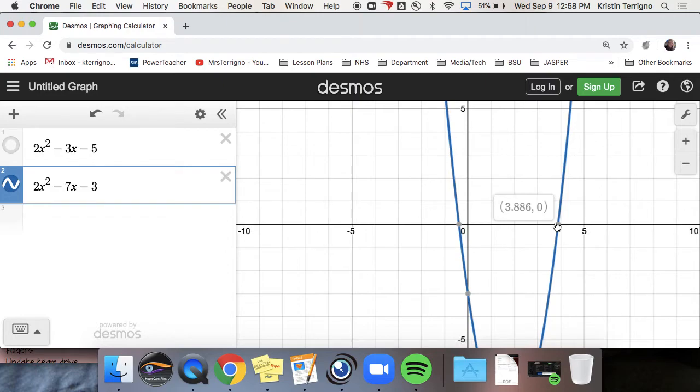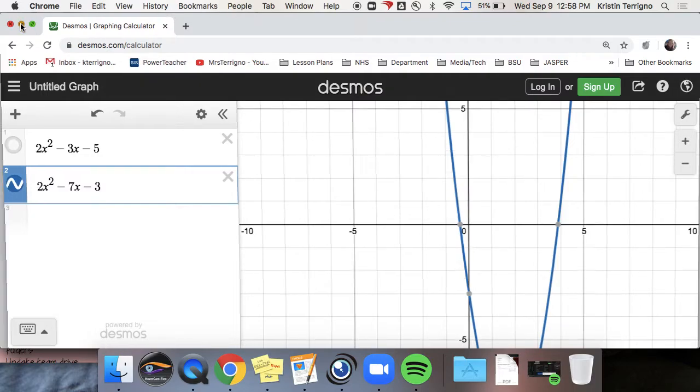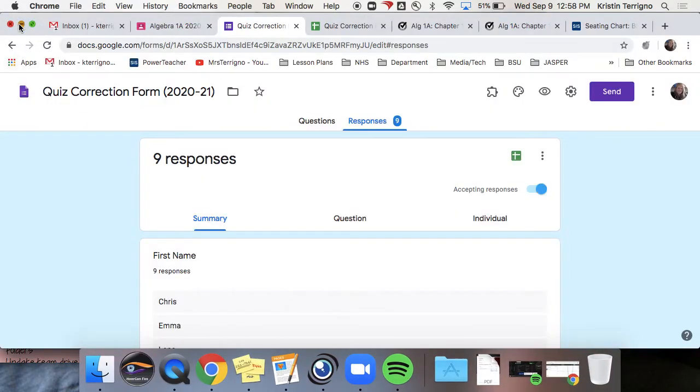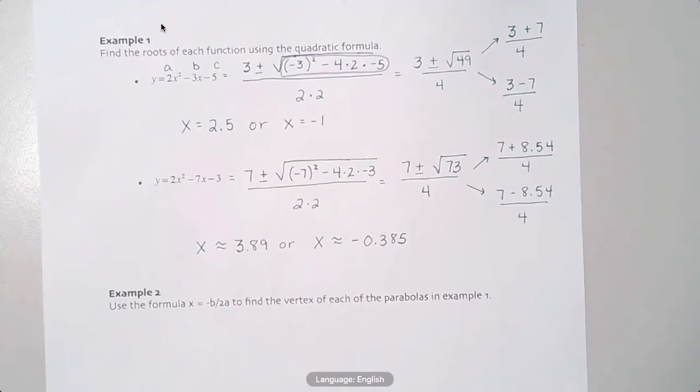And I've got a 0 at 3.886, so that's what I called 3.89. And then negative 0.386. I think we got 385. The discrepancy there is just from having rounded that decimal in the step before. So perfectly good with me.